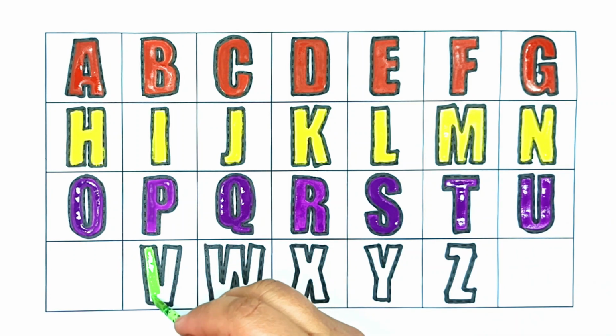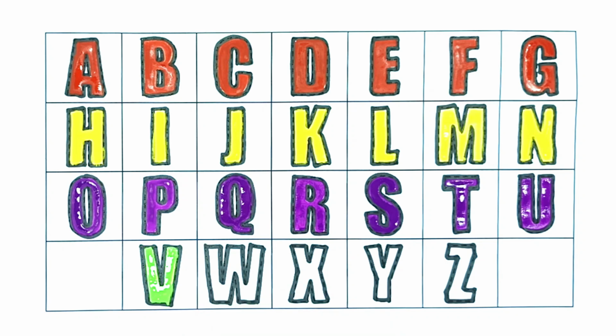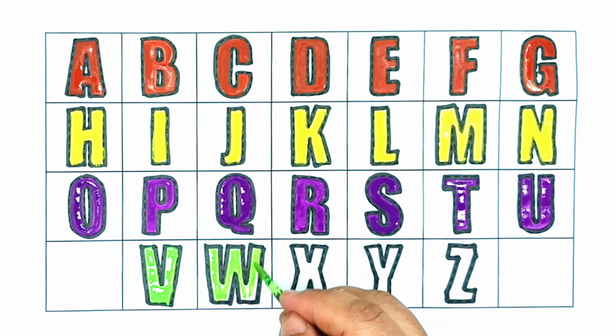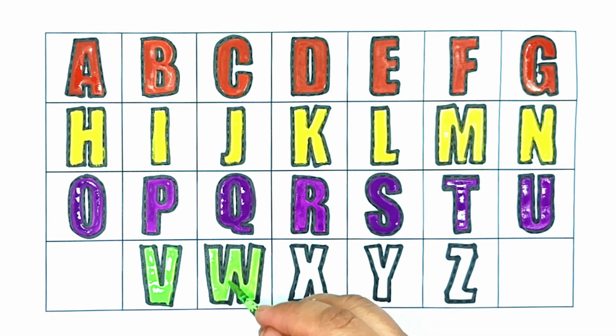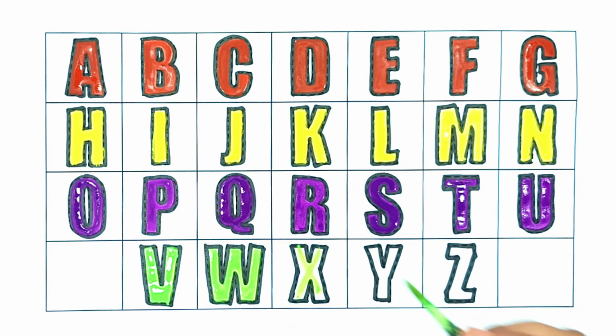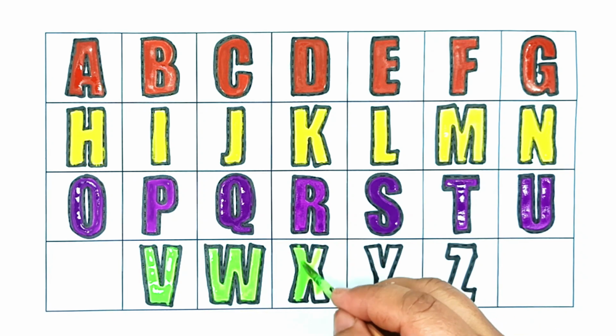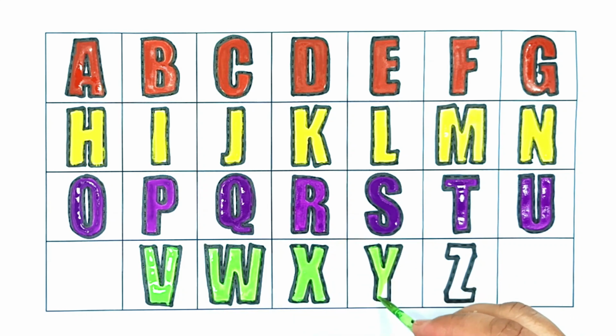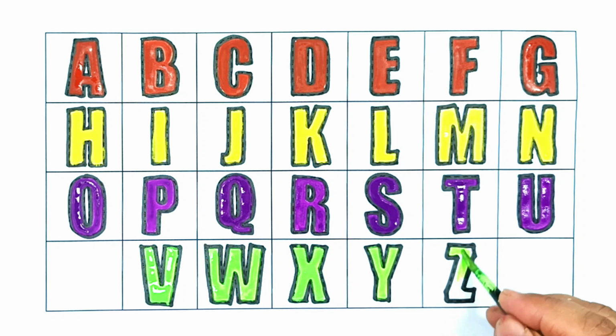V for van. W for watch. X for xylophone. Y for yacht. Z for zebra.